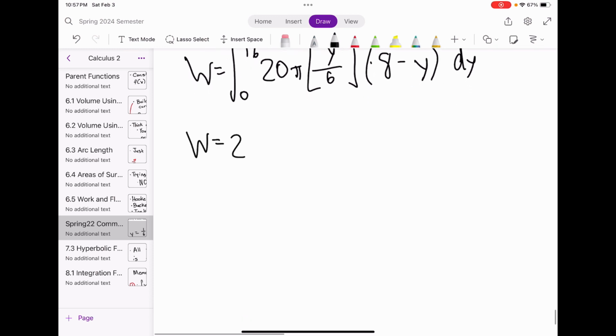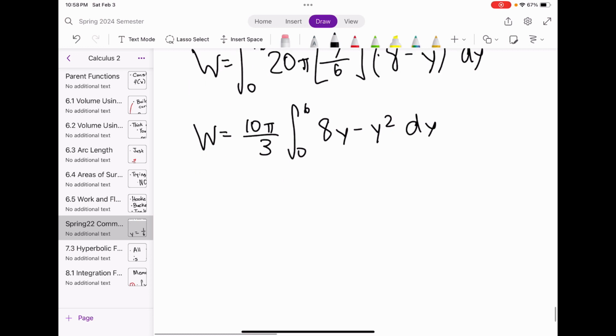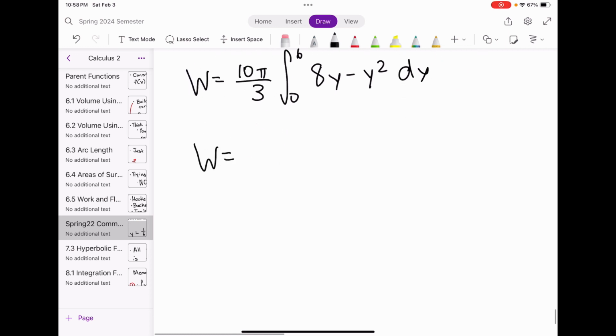W is equal to 20 pi, the integral from 0 to 6. I'll also bring out this 6, so 20 pi over 6 can be 10 pi over 3. And I'm just going to distribute that y, so 8y minus y squared dy. W is equal to 10 pi over 3.